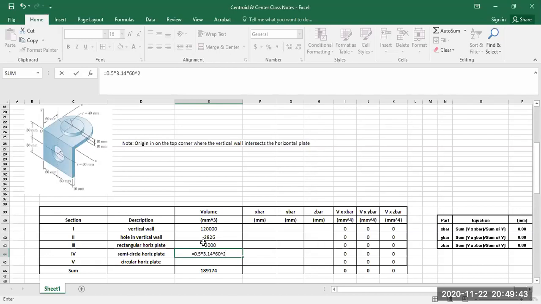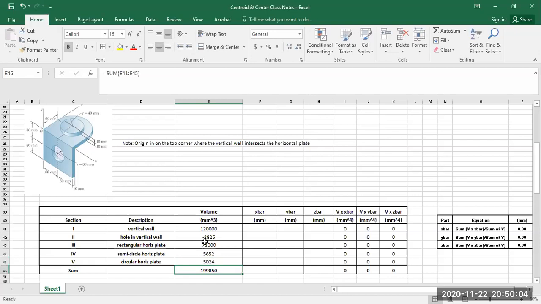So 1/2 pi r squared. And then the last one, the circular plate up on top, is going to be equal to pi r squared. So 3.14 times, and the radius is 40 squared.